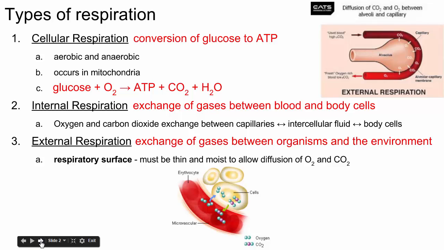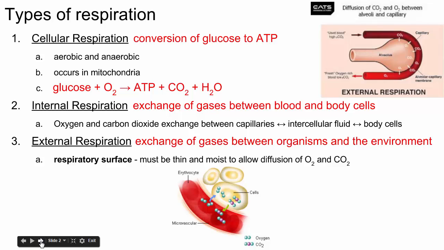And so we will focus on external respiration. One of the terms that we're going to keep coming back to is the respiratory surface. The respiratory surface is the boundary between the environment and the organism, the area where these gases are absorbed, where oxygen passes through, and carbon dioxide passes through the surface.